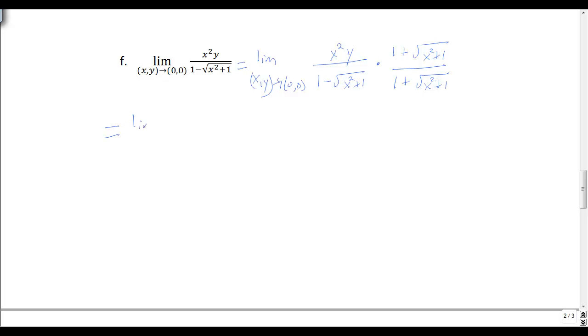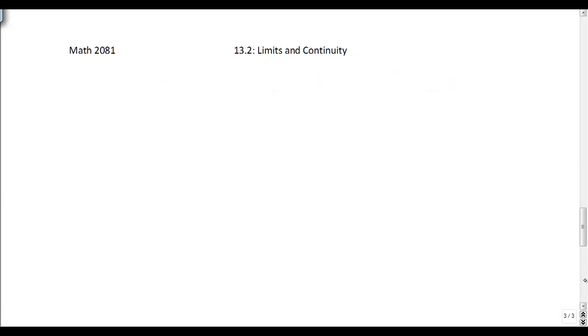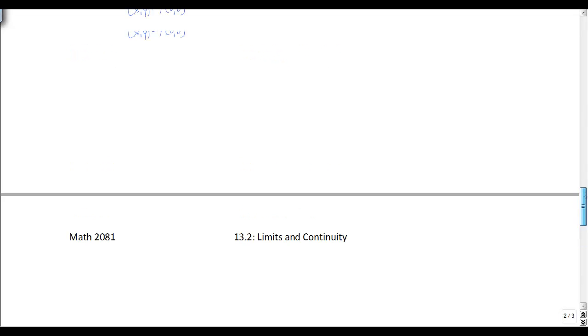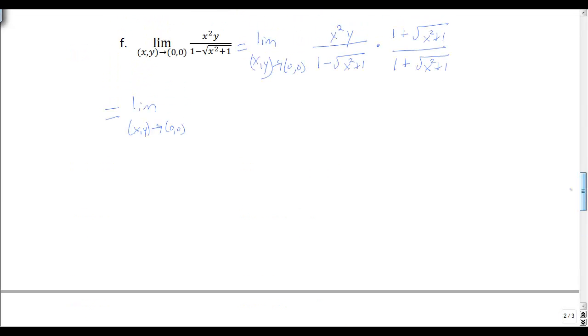The reason you would do that is you're trying to manipulate the expression using the identity that a minus b times a plus b is a squared minus b squared. Here, a is 1, b is square root of x squared plus 1.